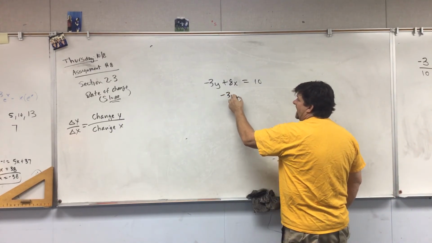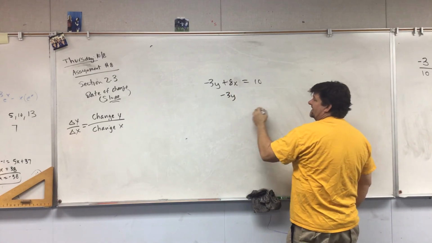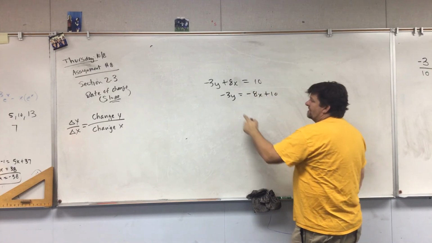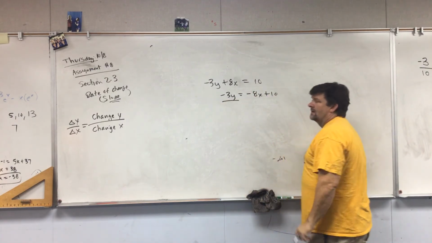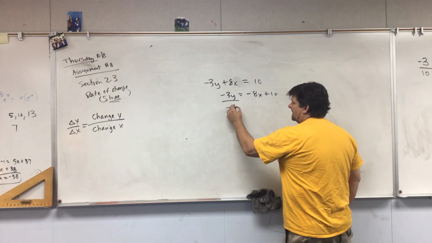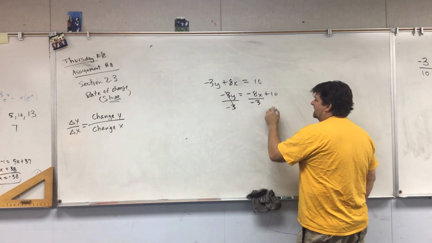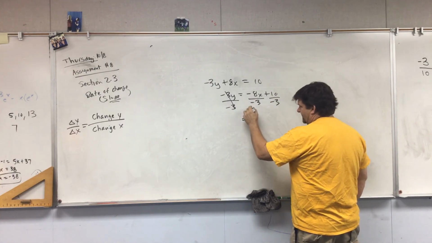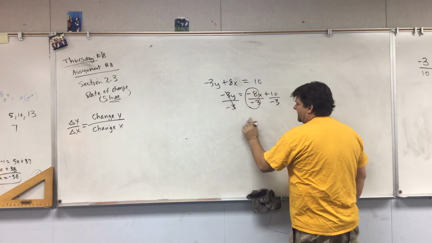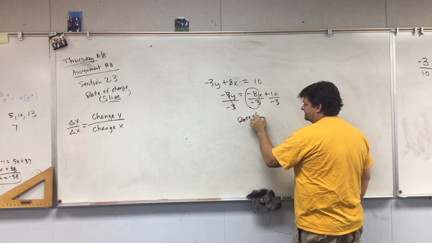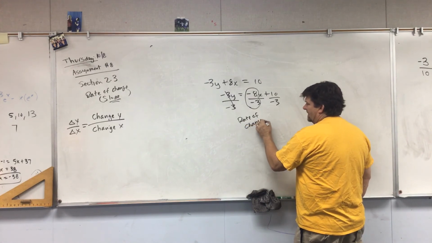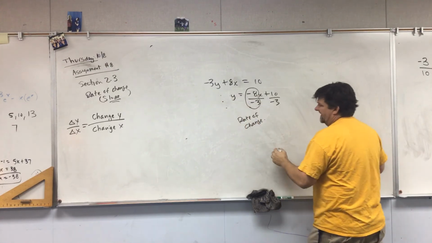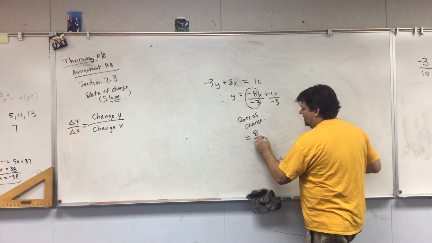So -3y, I'm going to subtract the 8x over here, so I get -8x plus 10, and then I'm going to divide by -3. So my slope is this one right here. My rate of change is whatever's next to the x once I solve for y. So my rate of change is equal to 8/3.